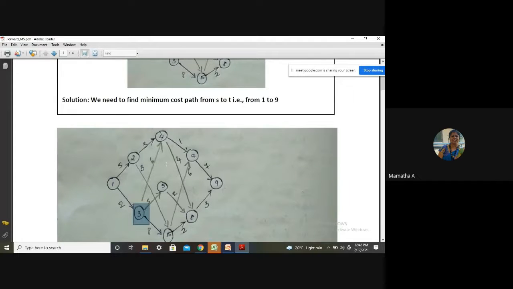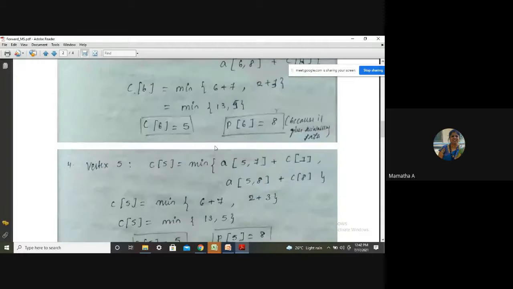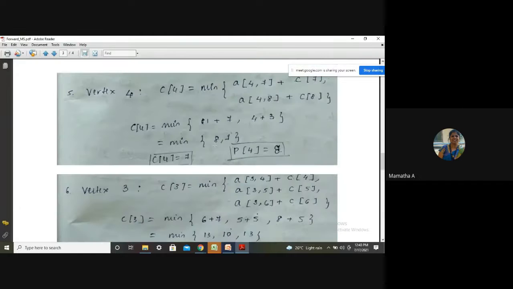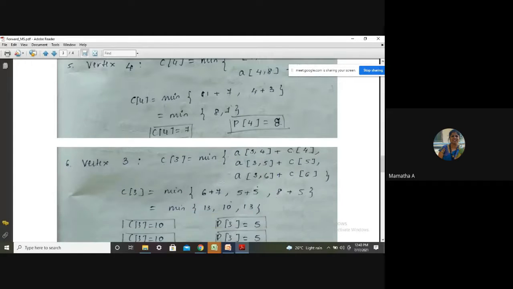So you should carefully look into it. So vertex 3, you can see 4, 5 and 6. A, J, R. So J is 3. Remember students, J is 3. R is whatever the edge plus C of R. And this you will get from the previous sub problems.